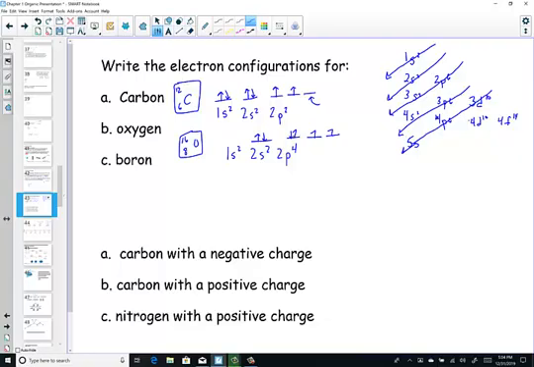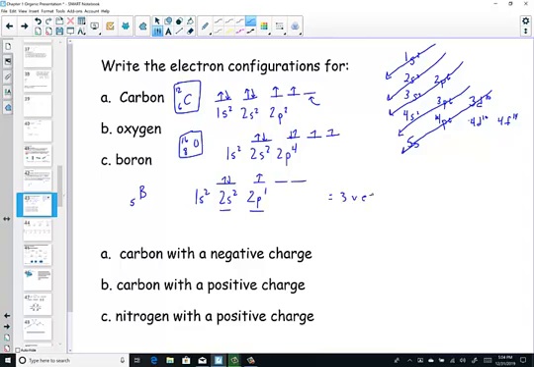And boron, which is element number 5: 1s2, 2s2, 2p1, giving us a total of 3 valence electrons, 2 of them in the s subshell, 1 more in the p.